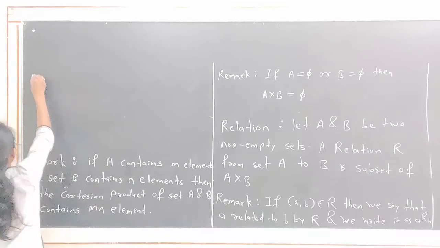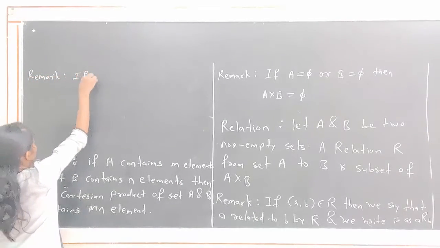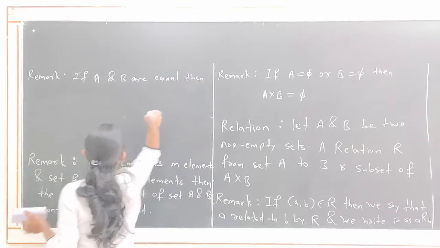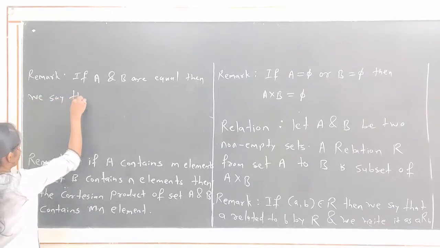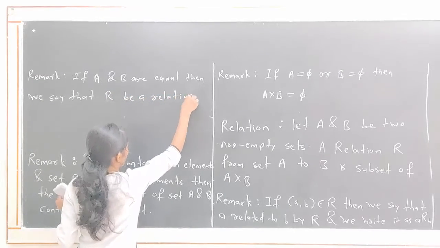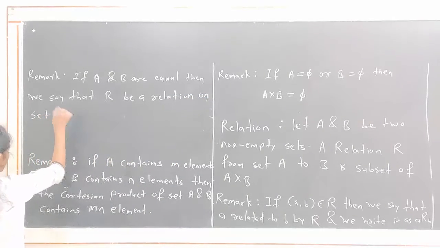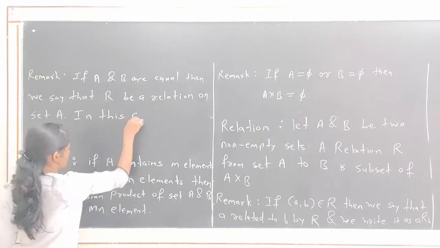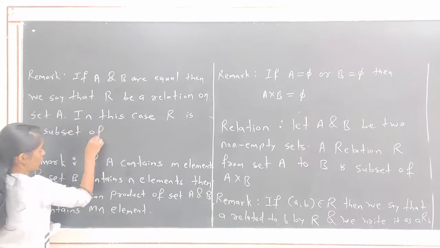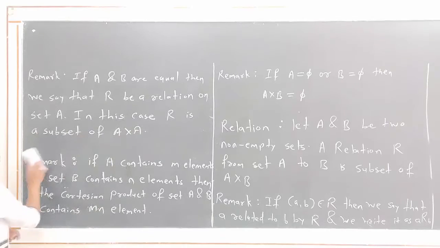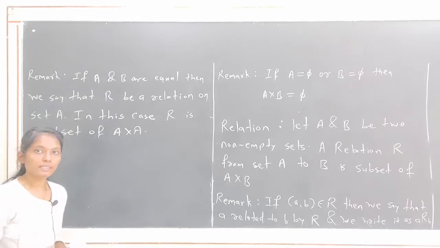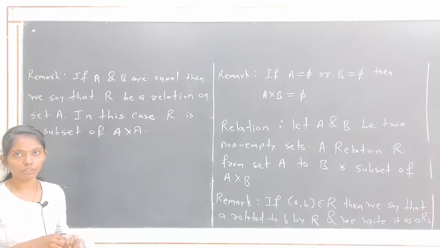Remark, if set A and B are equal, then we say that R is a relation on set A, and in this case R is a subset of A cross A. Okay, so see here, A and B are equal, then R is a relation on set A, and in this case R is a subset of Cartesian product of set A with A itself.